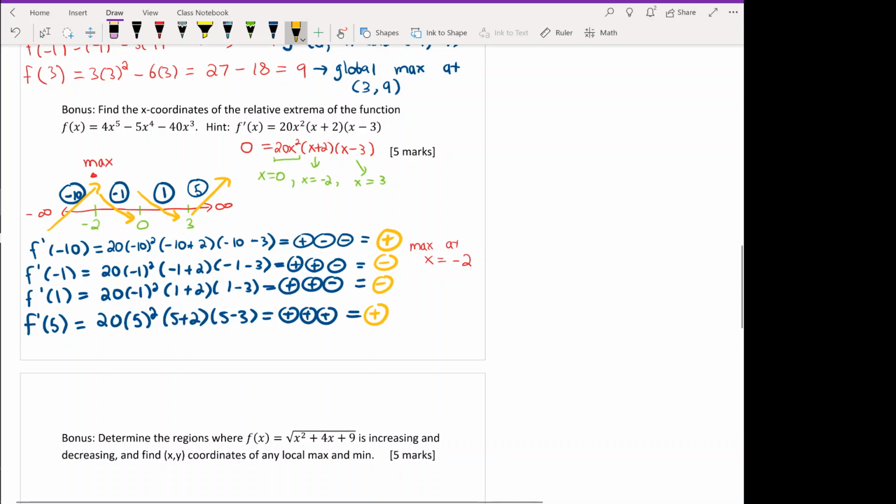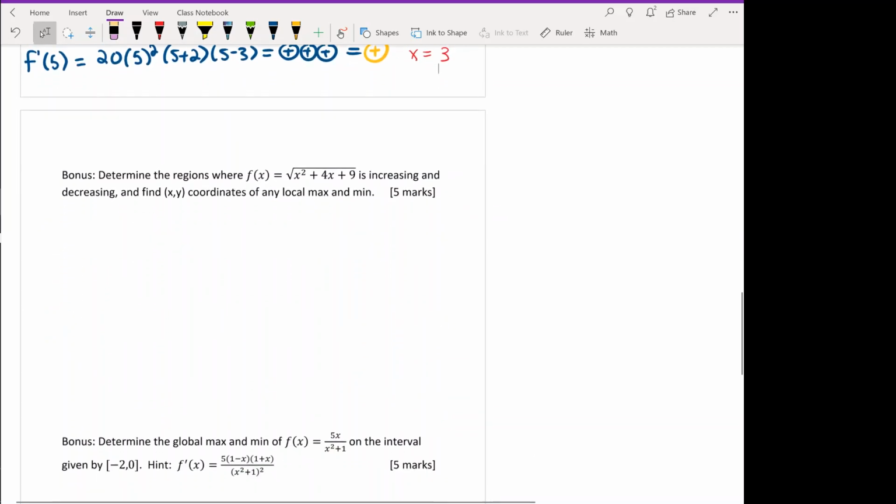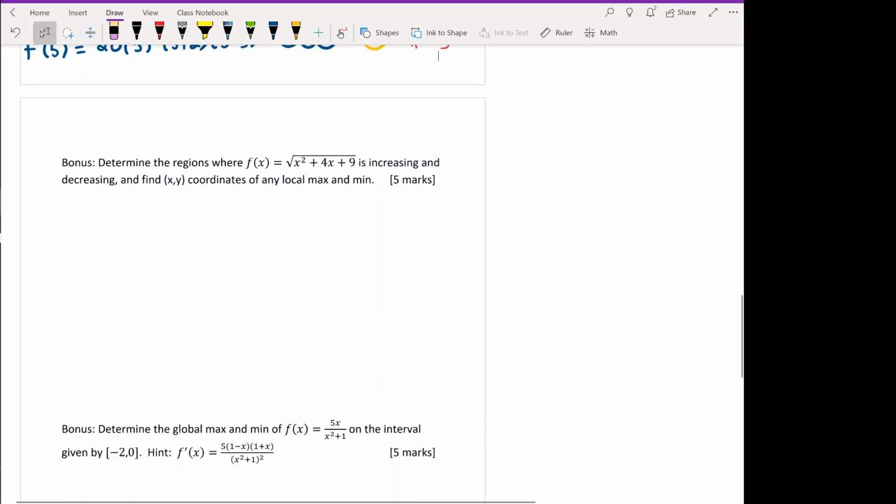It goes down and then back up at 3. That means there is a min at x equals positive 3. And it doesn't ask for the y coordinates, just the x coordinates. So enough work as it is. Okay. Next question.